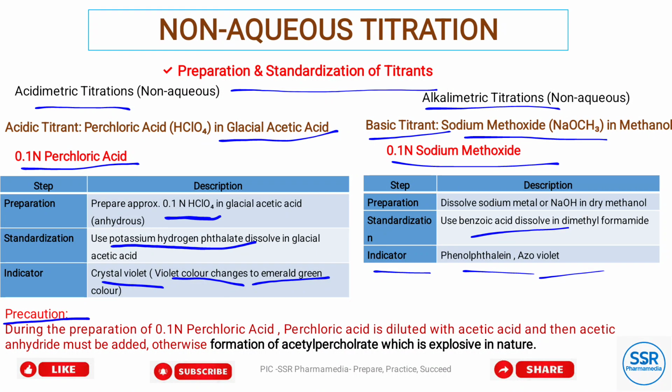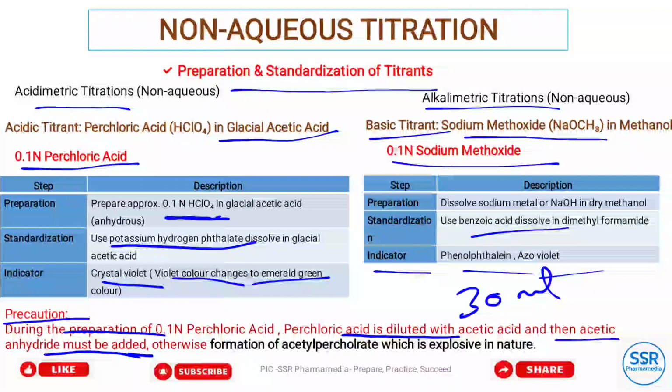So we must take precautions while preparing the perchloric acid. During the preparation, perchloric acid is diluted with acetic acid, and then acetic anhydride must be added. Only a small volume, nearly 30 ml of acetic anhydride, must be added. Otherwise, acetyl perchlorate forms, which is explosive in nature.